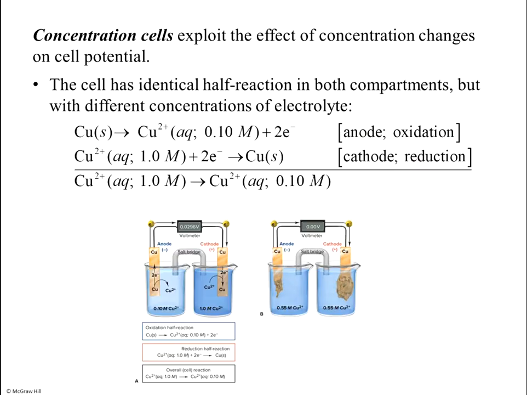That means the copper ion concentration is lower. It's 0.1 molar copper. And then the cathode for that electrochemical cell, the right-hand cell, copper is 1 molar. So you can see that the copper concentration is lower on the left-hand side and higher on the right-hand side. So the reaction is going to proceed such that the copper is going to plate out on the right-hand electrode. That'll be the cathode relative to the other side.